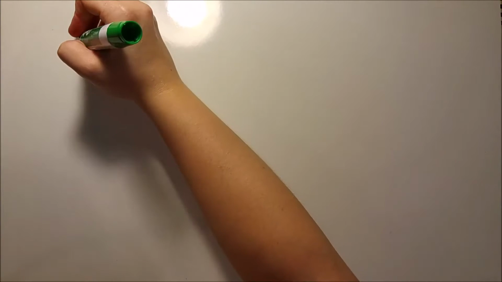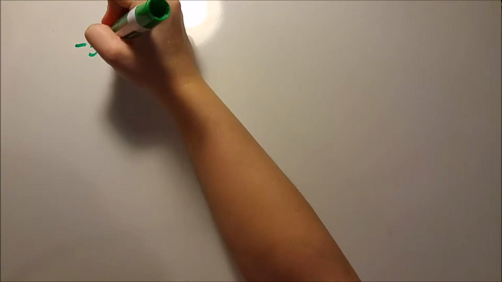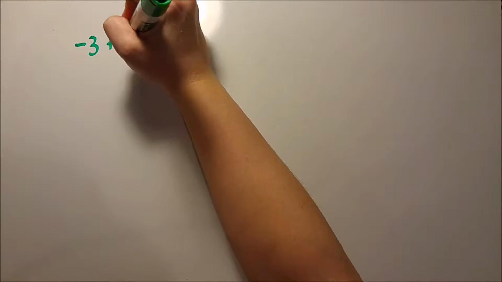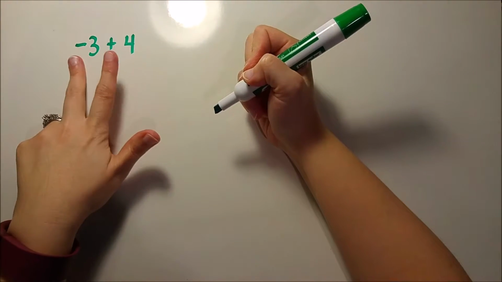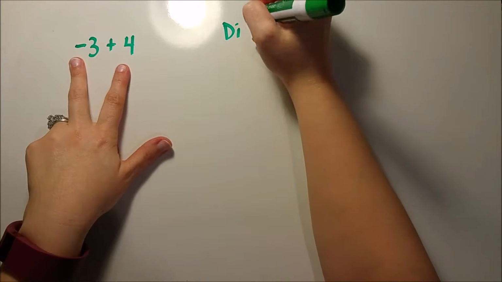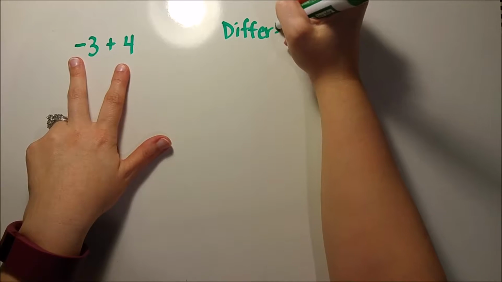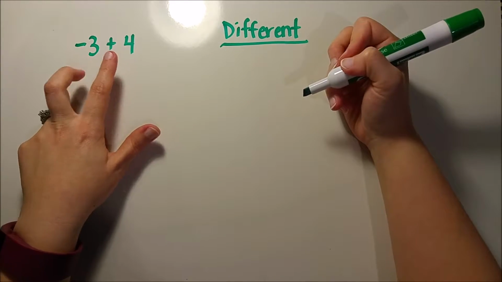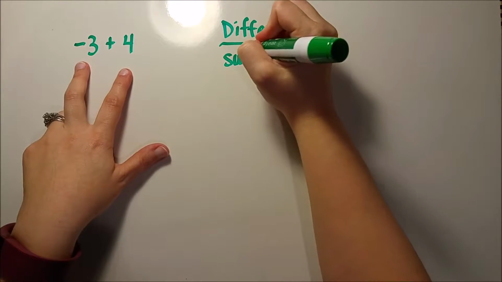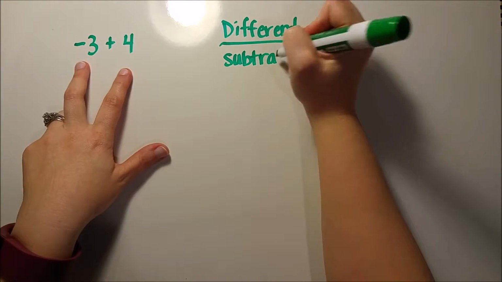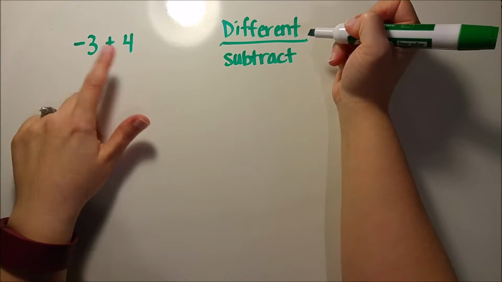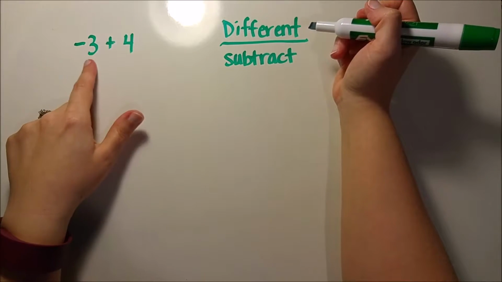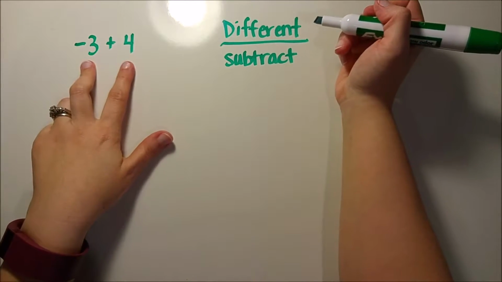So when we add, say, -3 plus 4, if the signs are different, we will subtract the two numbers. So ignoring the signs for a second, you'll subtract 3 and 4, okay?